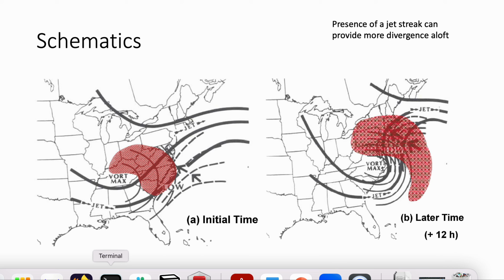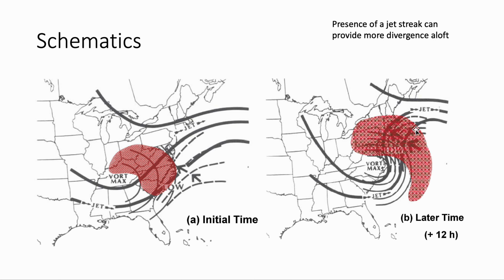They all contribute to the amplification of the upper wave, and also, importantly, reduce the wavelength between the trough and the ridge that we see downstream over here. So this is obviously going to lead to greater ascent, greater upper level divergence, and strengthening of the cyclone.